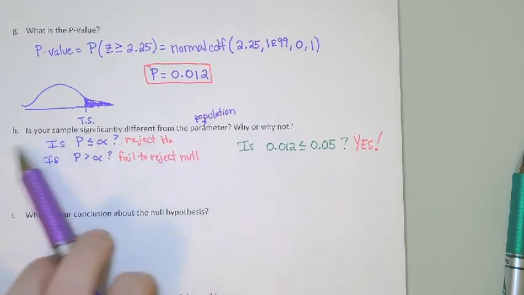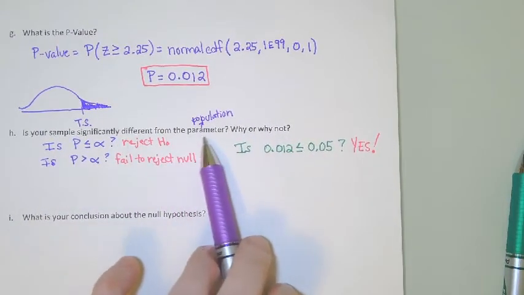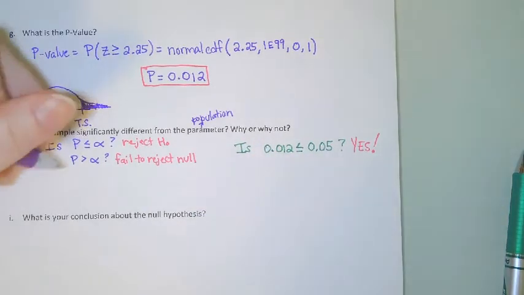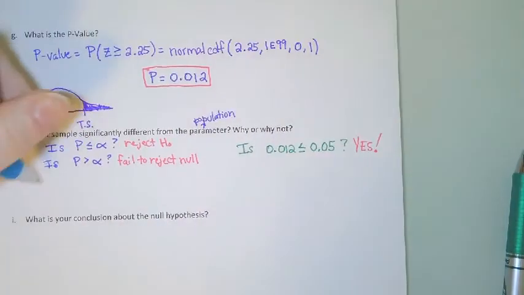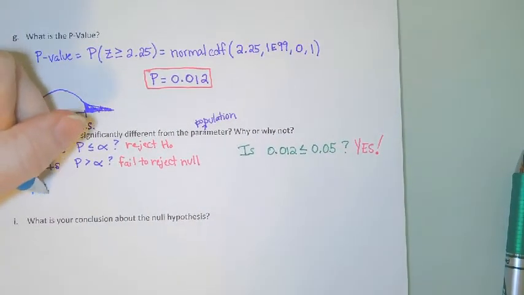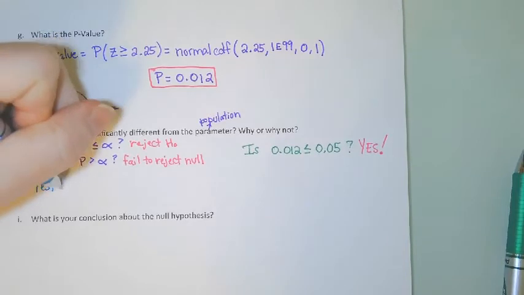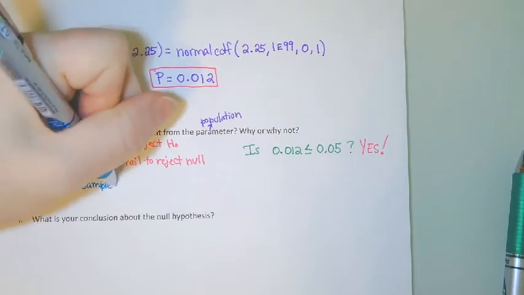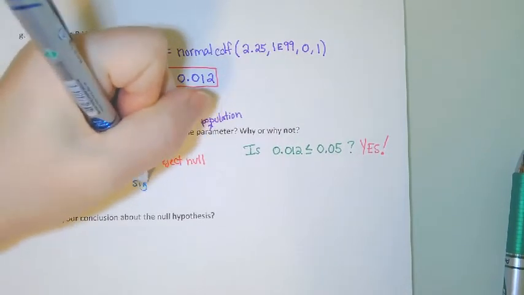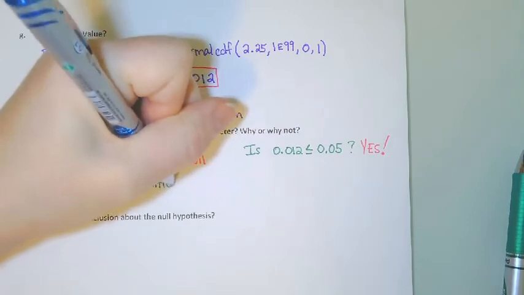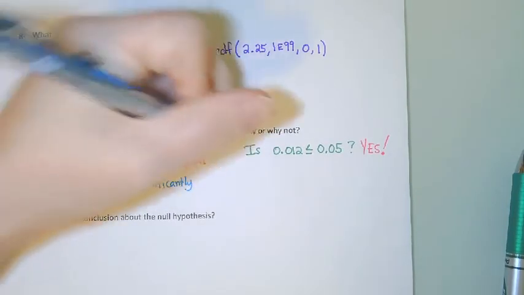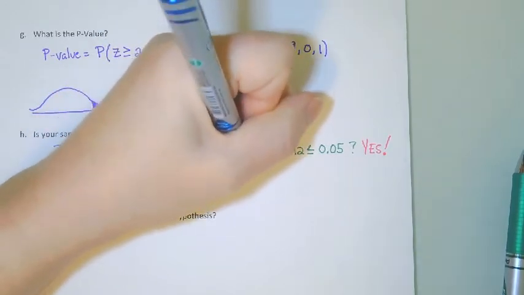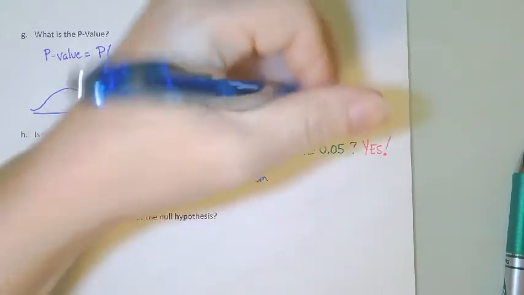So to answer this question, is your sample significantly different from the parameter? Why or why not? We already said we can go ahead and say yes. The sample is significantly different from the parameter.